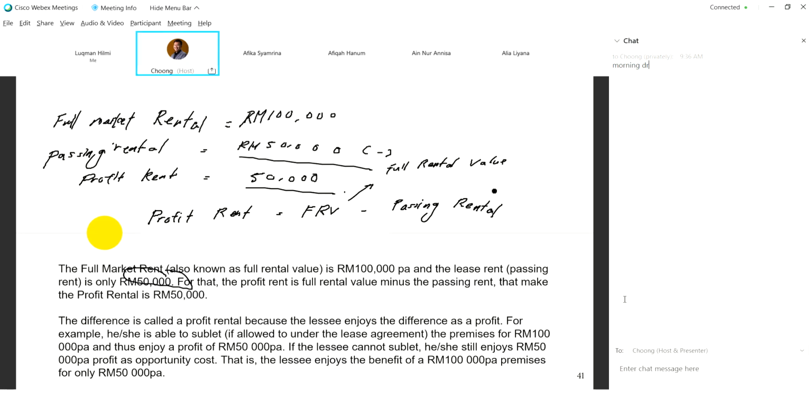Passing rental maksudnya adalah yang rental you pay sekarang, yang dalam masa kontrak tu masa you bayar sekarang ni. So in this case the profit rent adalah 50,000.